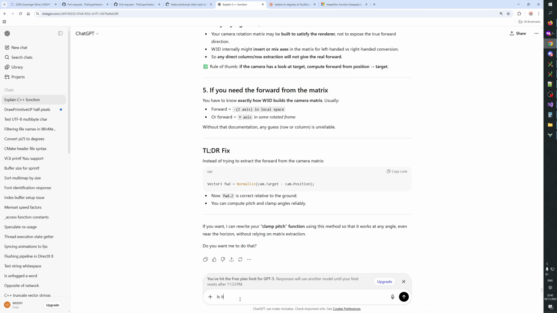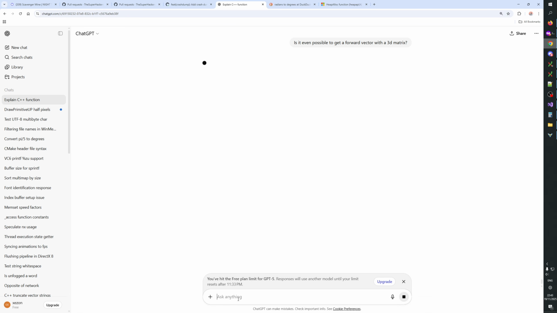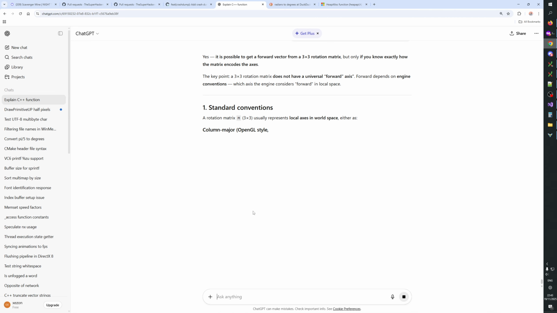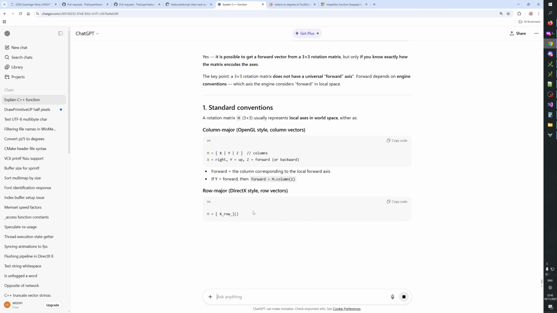Is it even possible to get a forward vector with a 3D matrix? Yes, it is possible. But only if you know exactly how, yeah.